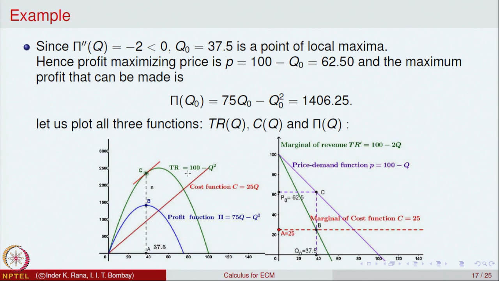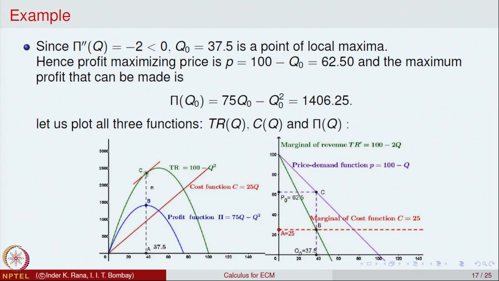Similarly, the total revenue is again a quadratic with a negative q squared coefficient, so it is again a parabola. If you look at the output q where the maximum occurs, the maximum profit is at this point and the maximum revenue will be at this point.